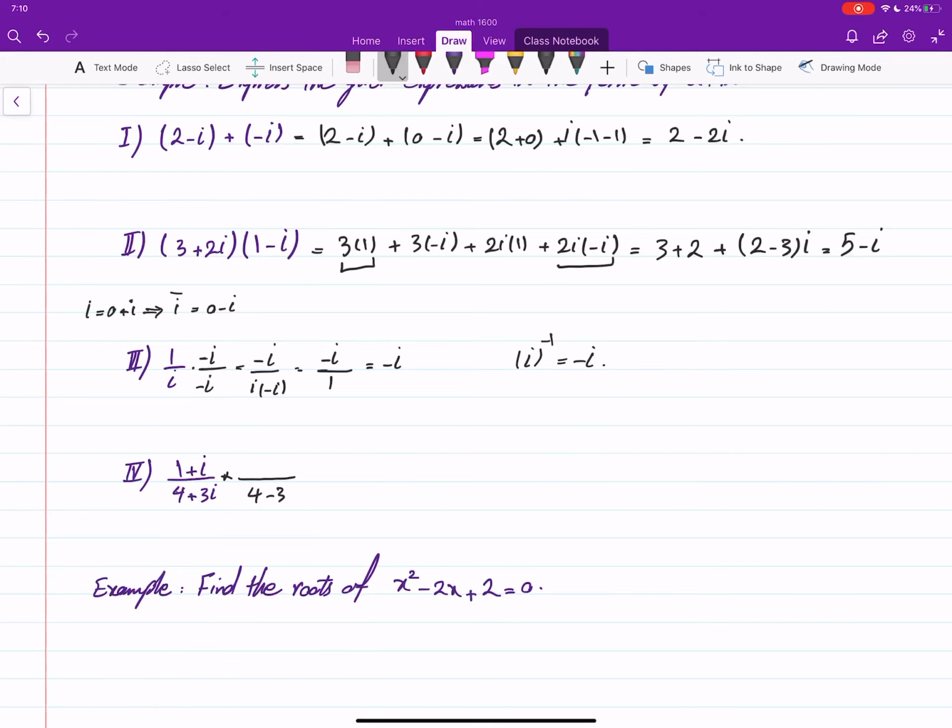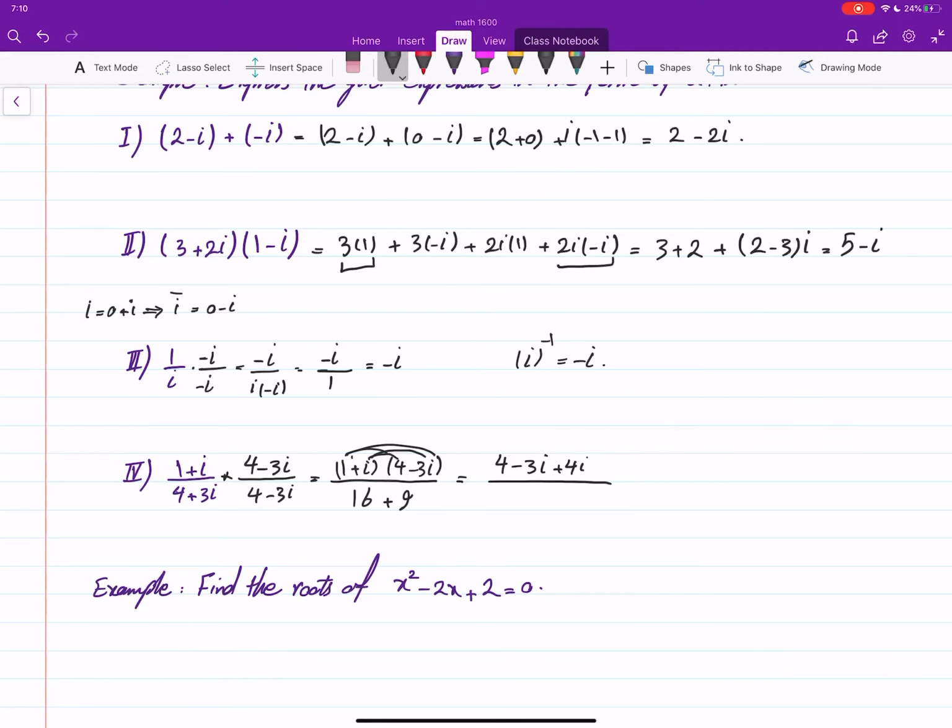4 minus 3i, conjugate of the denominator, multiply numerator and the denominator. In the denominator we get 16 plus 9. In the numerator, we have 1 plus i times 4 minus 3i. Multiply. This will give us 4. This will give us minus 3i. That was this one. And this one gives us 4i.